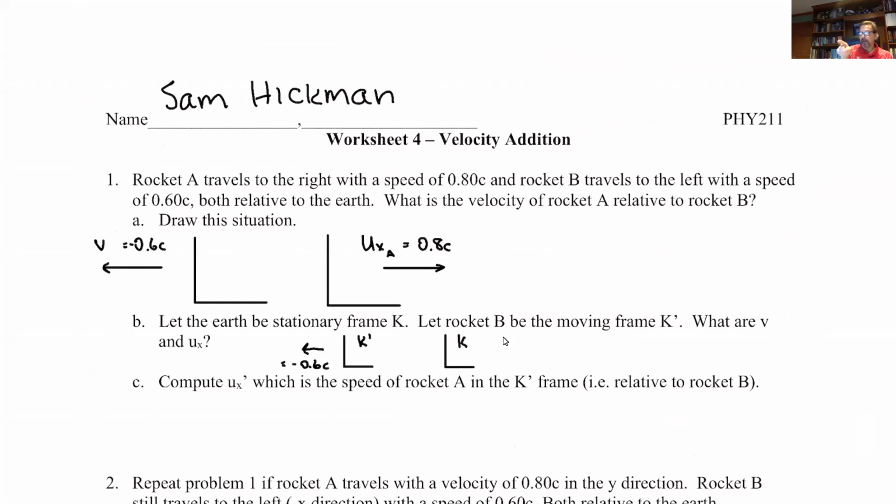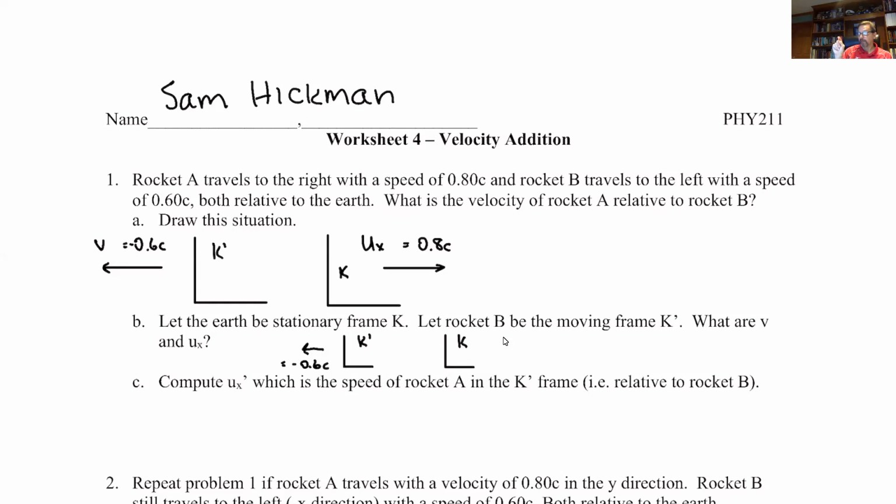That's V. And that coordinate system on the left, moving or stationary? Stationary. Well, if I got V going to the left, make the coordinate system on the left K prime. And make the coordinate system on the right K. Now make sure we match the given information.